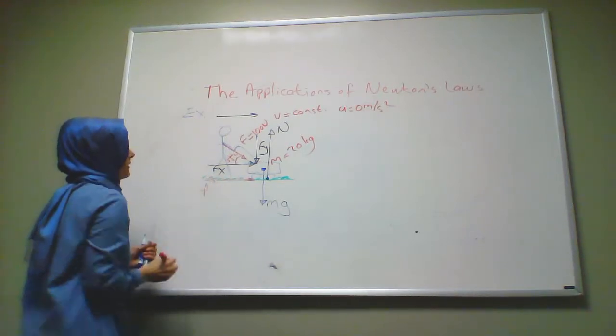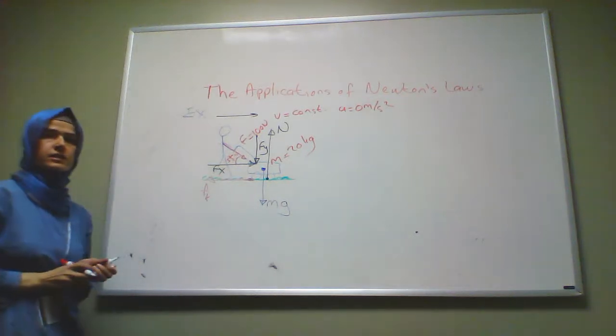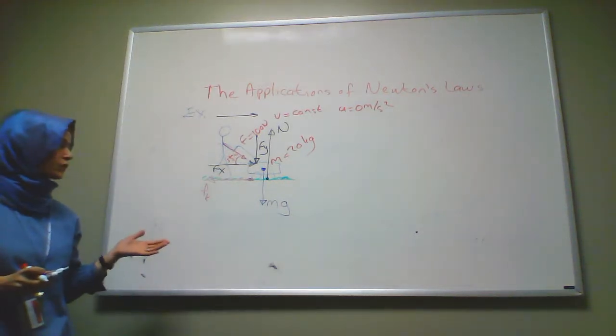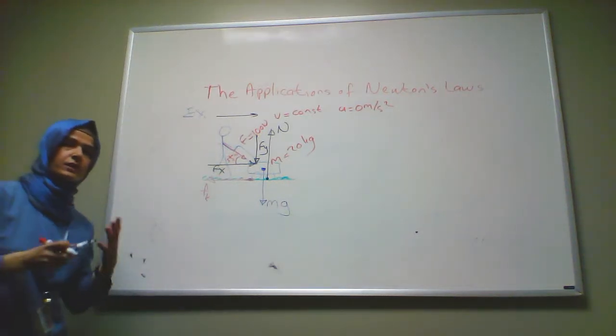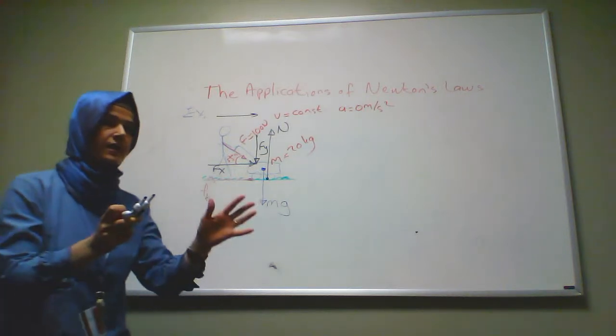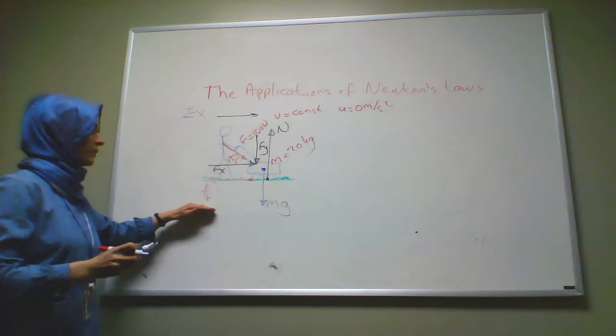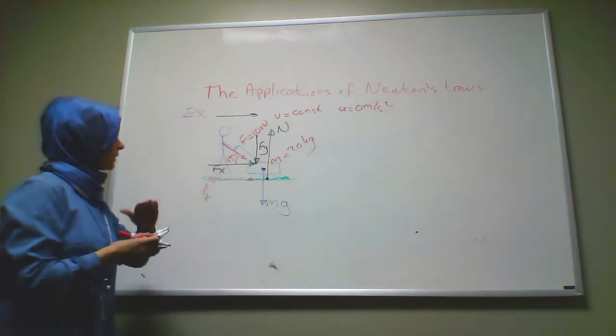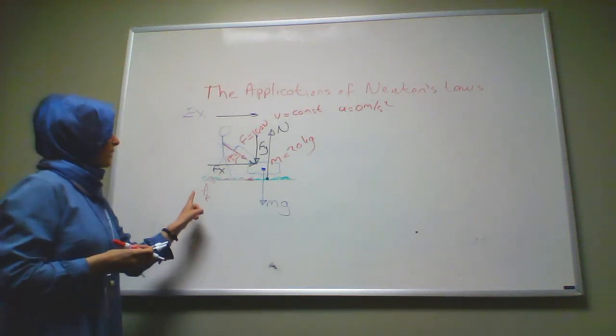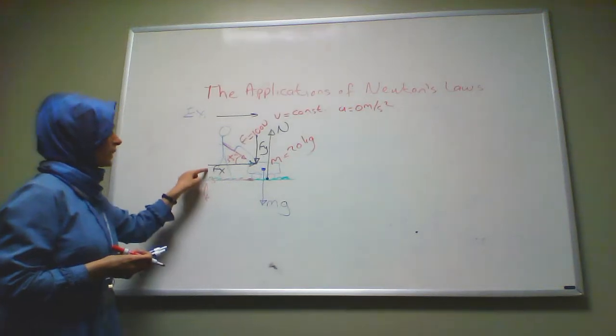I'll call this Fk, the kinetic frictional force. As I've told you in the previous lecture, we won't be really dealing with static frictional force. We will know it is there. There are some conceptual questions to understand it better, but generally, if an object is moving, we have kinetic frictional force. This kinetic frictional force is working against the effects.